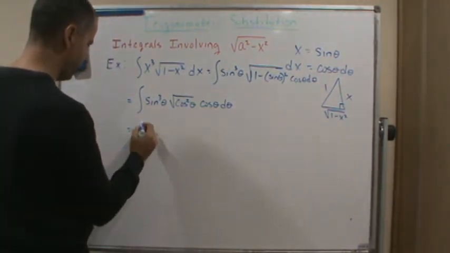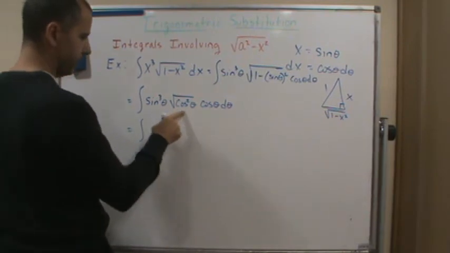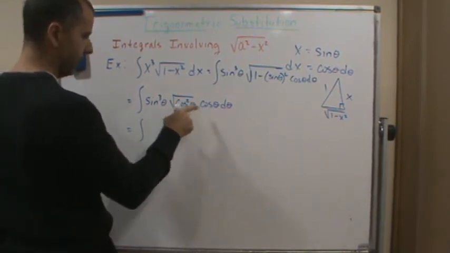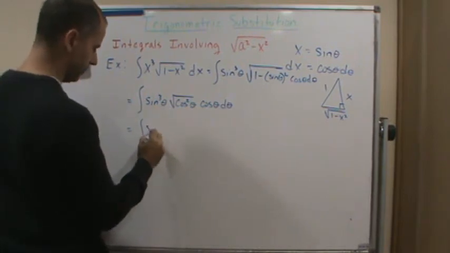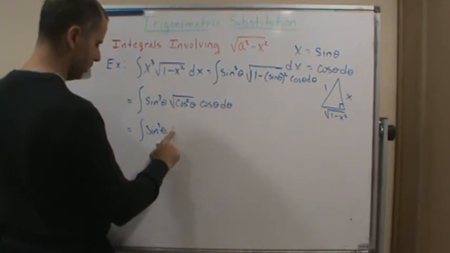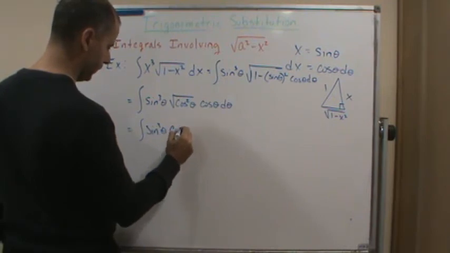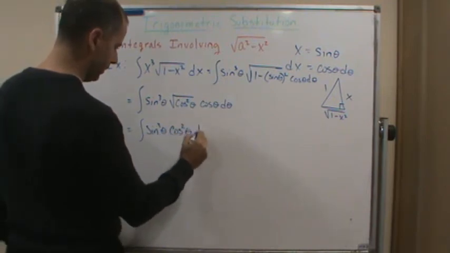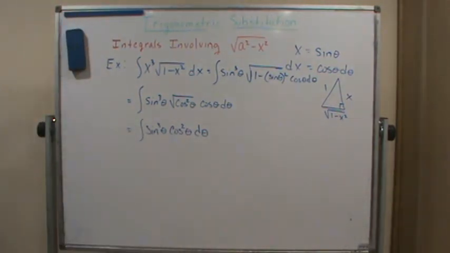And so now, what happens here? Well, again, this is going to simplify to cosine theta times cosine theta, which is going to give me cosine squared theta. So this is going to be sine cubed theta cosine squared theta d theta.